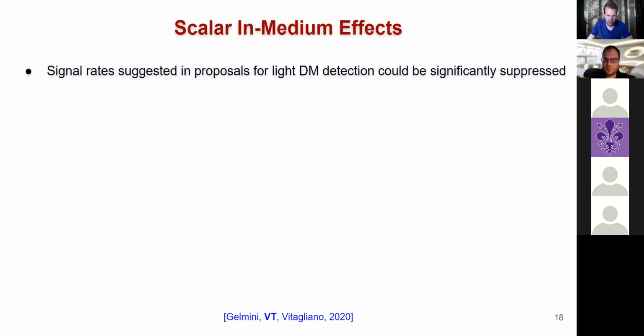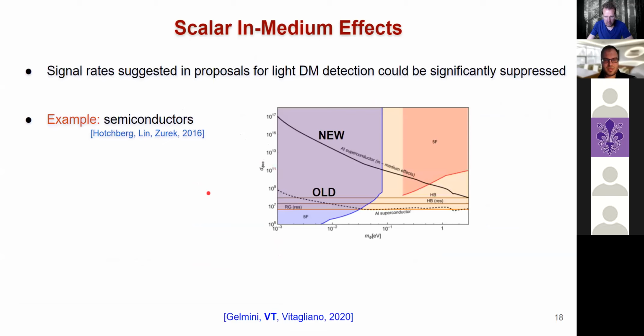Right. So the bottom line is, in a lot of proposals that people have considered, light-scale dark matter detection could be significantly affected. Just to show you how this could be, this is from semiconductors, from the paper by Hochberg, Tongyan Lin, and Kathryn Zurek.